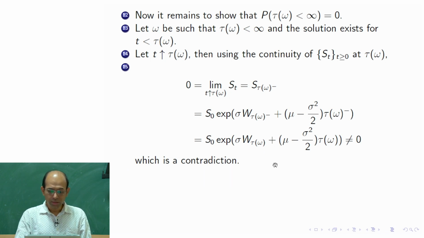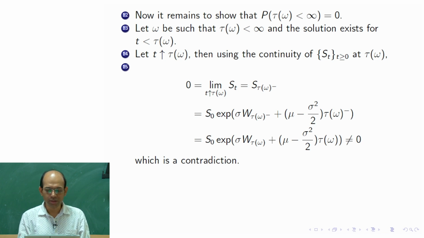Now, this we have obtained, but we have assumed that tau(omega) is finite. So we have e to the power of some quantity, and since Brownian motion almost surely gives a finite value for every omega, this is surely non-zero, because it is just e to the power of some number.